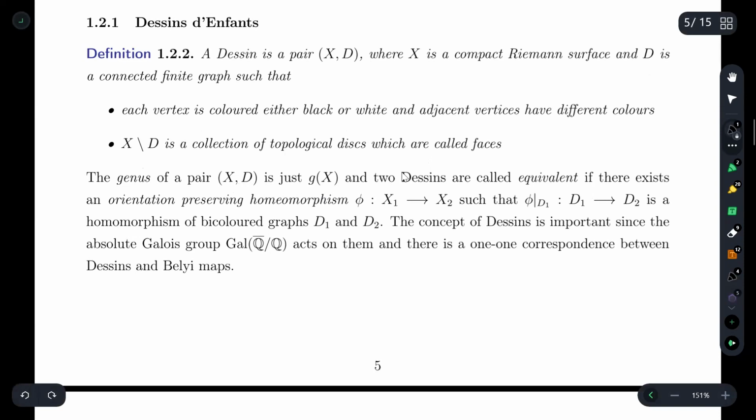And two designs are called equivalent if there exists an orientation preserving homeomorphism between these two Riemann surfaces X1 and X2, such that when I restrict that homeomorphism to the graph, it becomes a homomorphism between the two graphs D1 and D2.